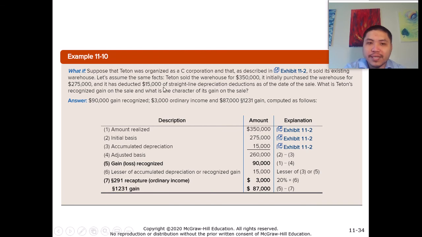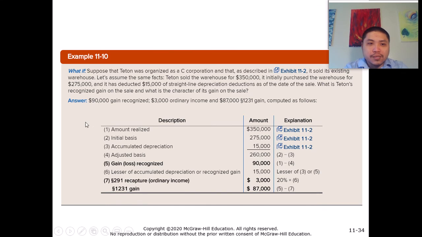But let's assume that now it is a C corporation, and it sold its existing warehouse for $350,000, which it purchased initially for $275,000, and assume that the company has deducted $15,000 of straight-line depreciation deductions as of the date of the sale.